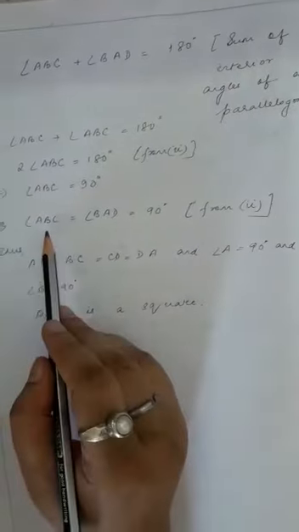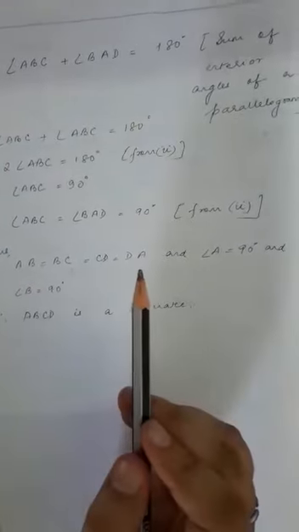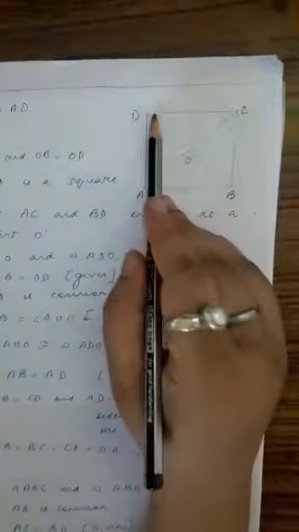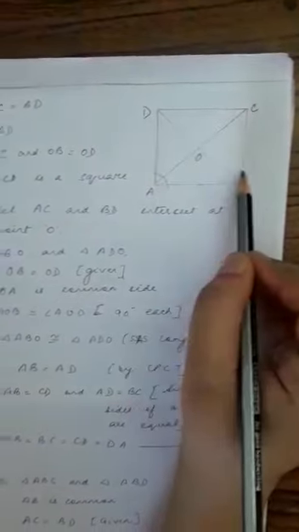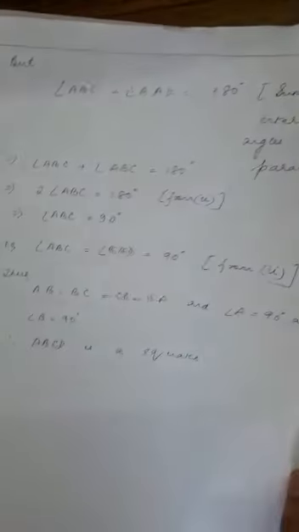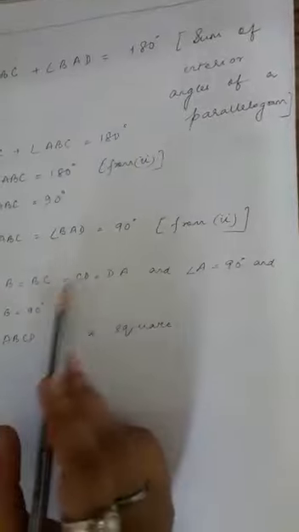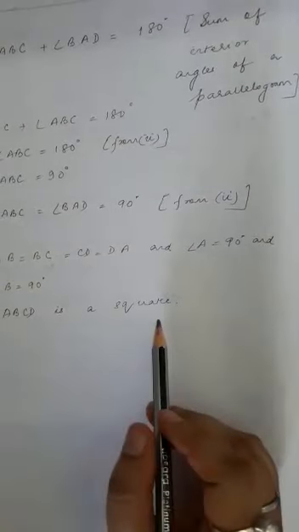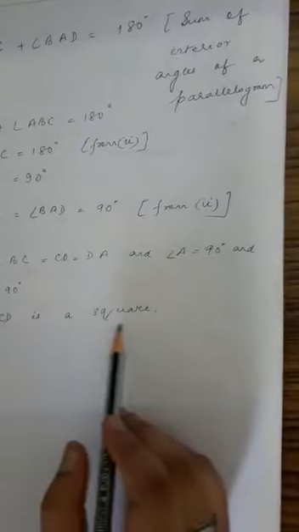After calculation I get ABC and BAD as 90 degrees. So we can see that AB is equal to BC is equal to CD is equal to DA, and angle A and angle B are 90 degrees. Since these criteria are fulfilled, we can say that ABCD is a square. We know that in a square all the sides should be equal and the angles should also be 90 degrees.